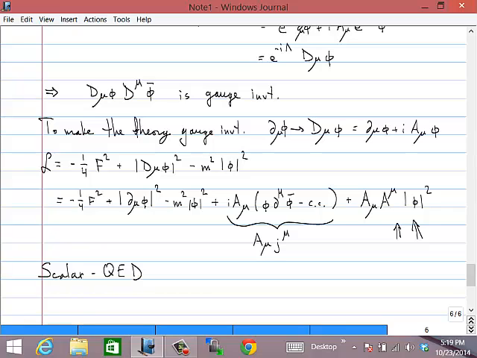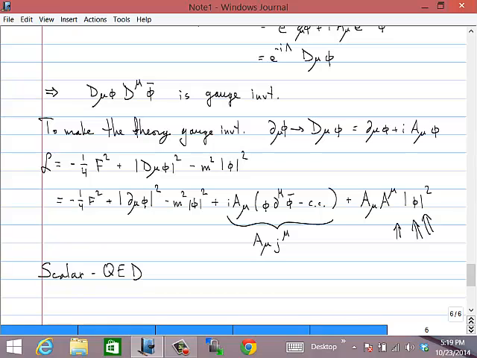Okay. So just to make that statement a little bit more explicit, one of the things that we see is that effectively this phi squared term here looks a little bit like a mass for the photon. Okay.